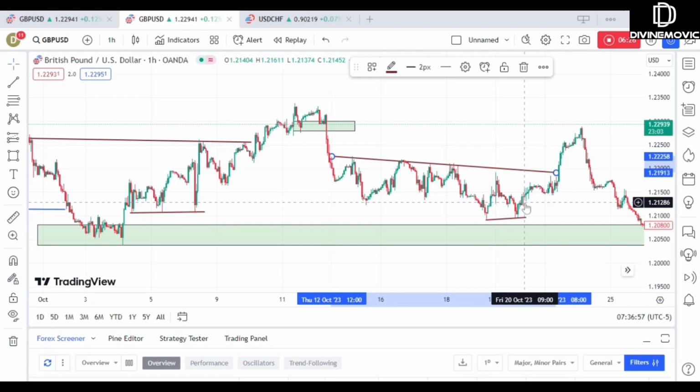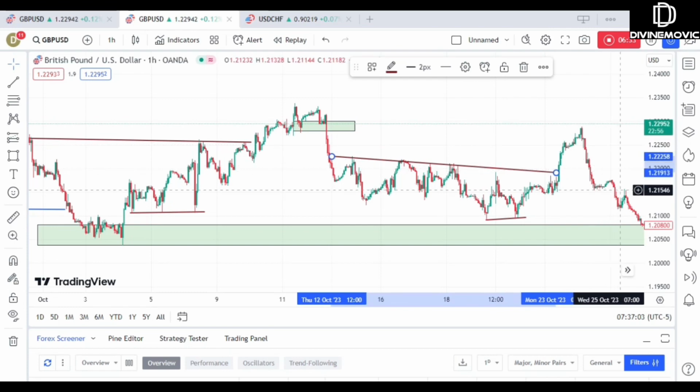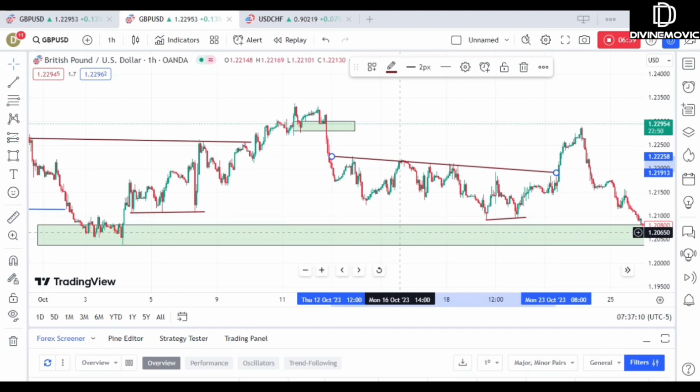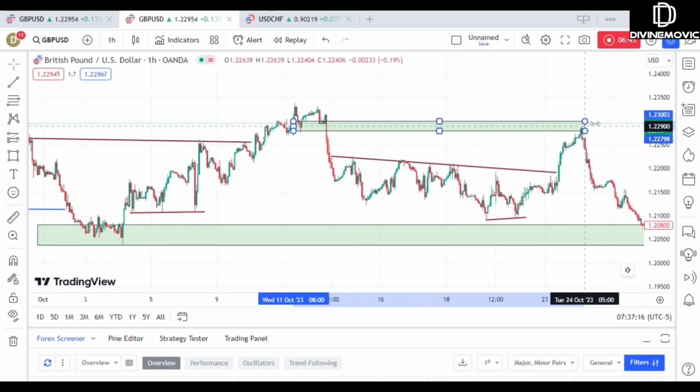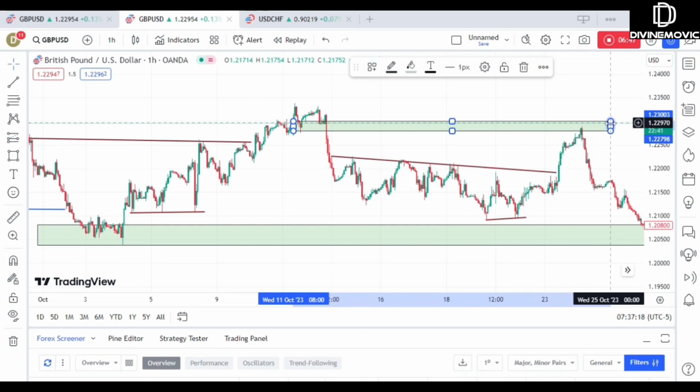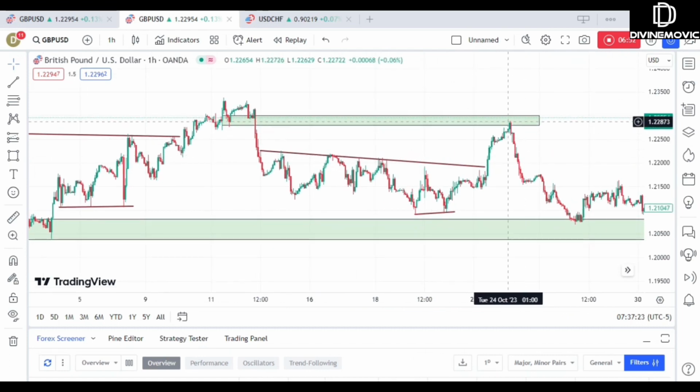And what you can see is that price took out the buy side liquidity and then proceeded to grab the downside liquidity, and then finally came into this our point of interest. Remember, our first point of interest here was a point of interest caused by change of character, and here price gave us a point of interest caused by a failed order block. So this was where I took my sell position from to this my point of interest.